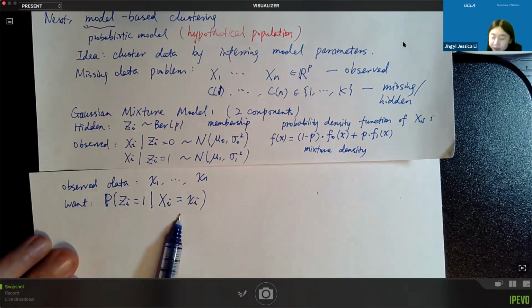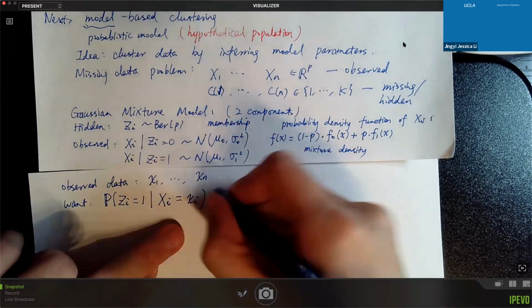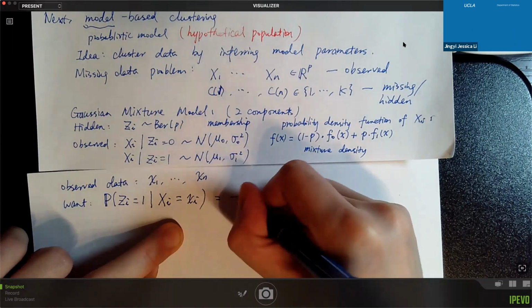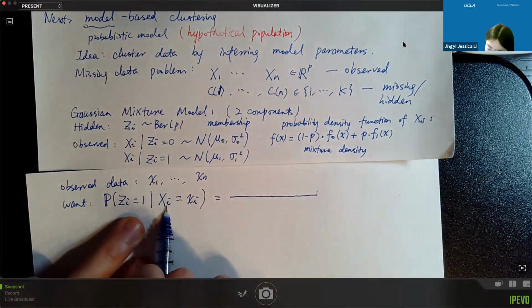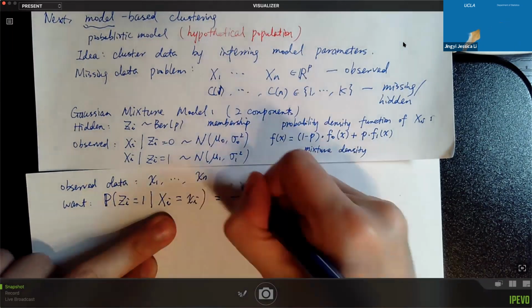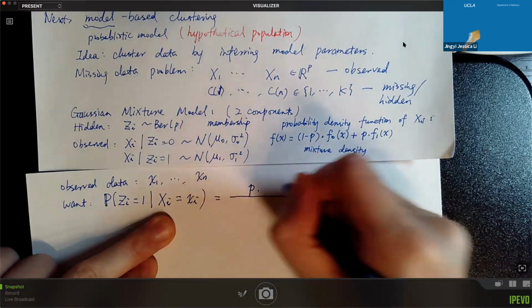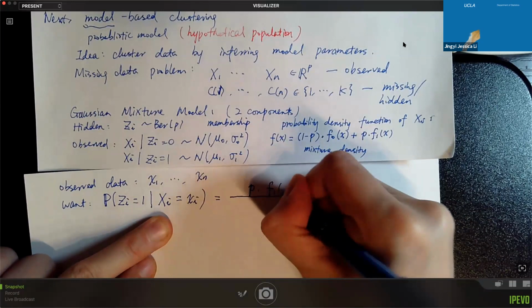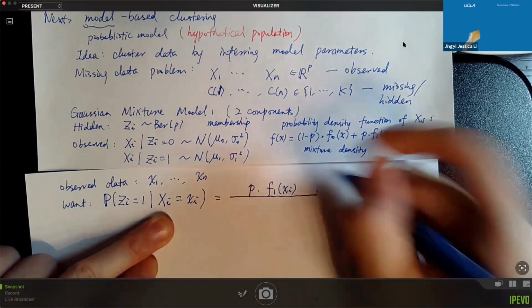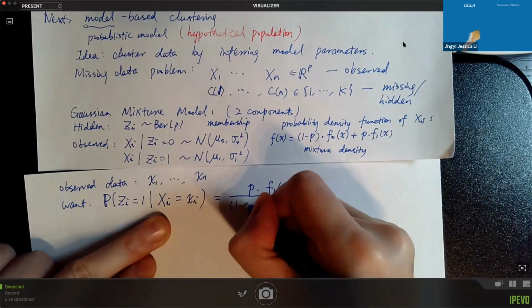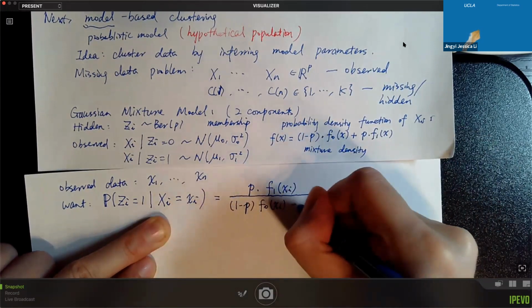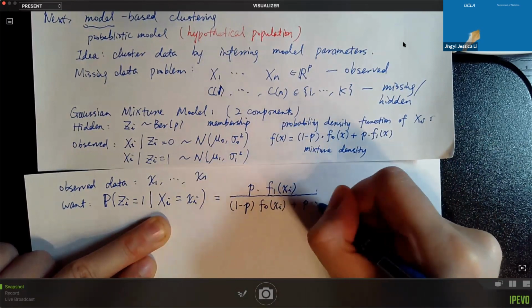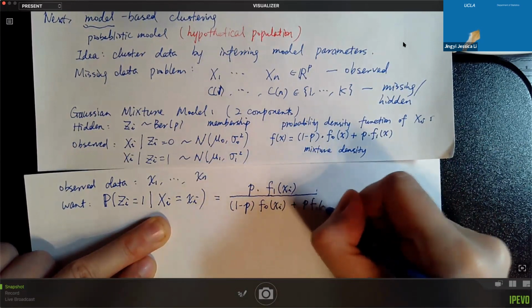So, by Bayes' rule, how do we write this down? This is equal to p times f1xi divided by 1 minus p times f0xi plus p times f1xi.